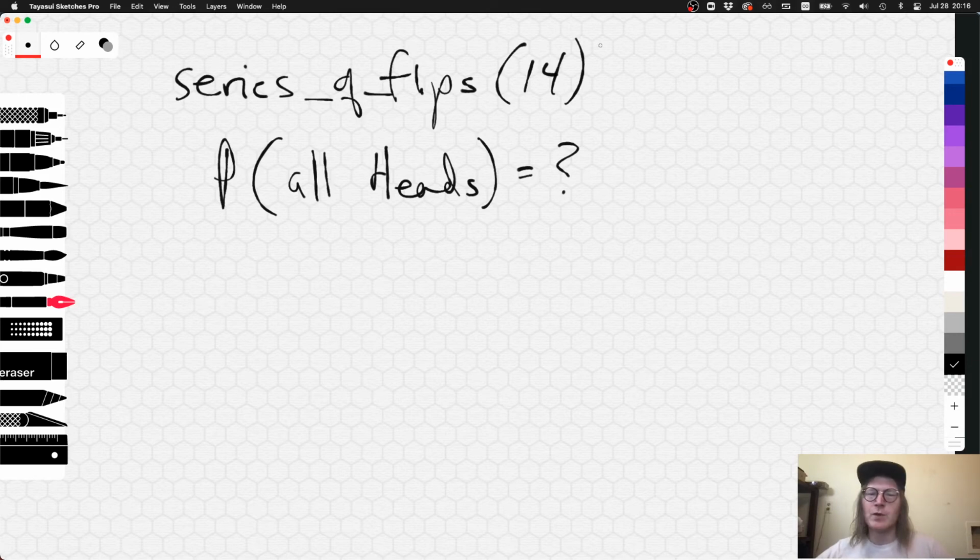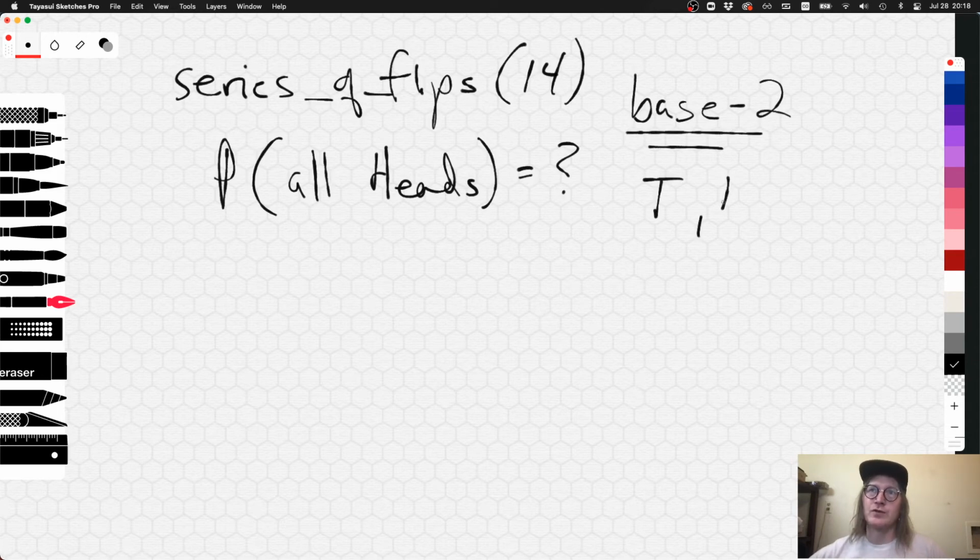But it turns out that if we're thinking about this in terms of counting, and we have a base 2 system, this is base 2 that we're considering, where the two values are either tails or heads, then we can break this down very simply.